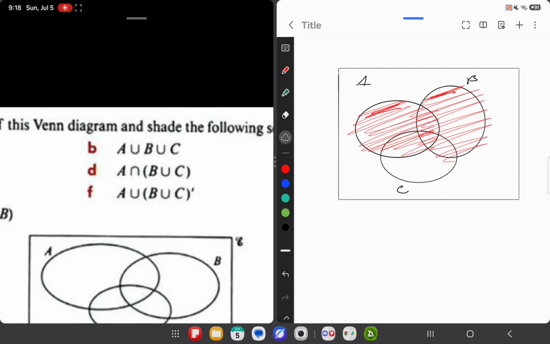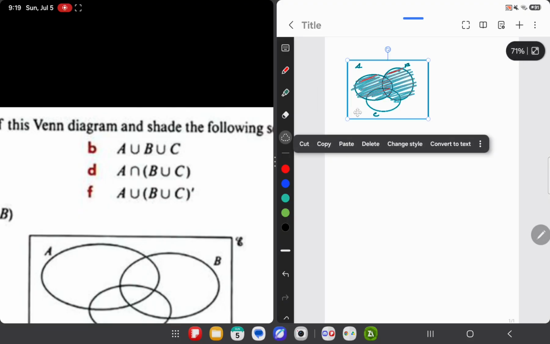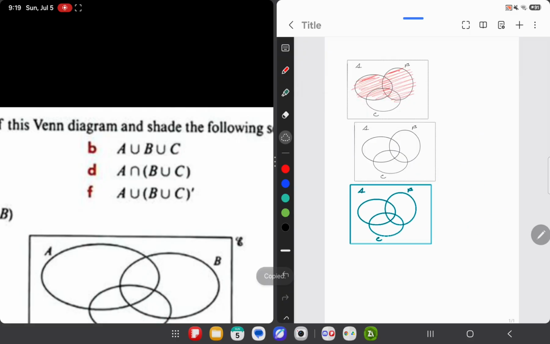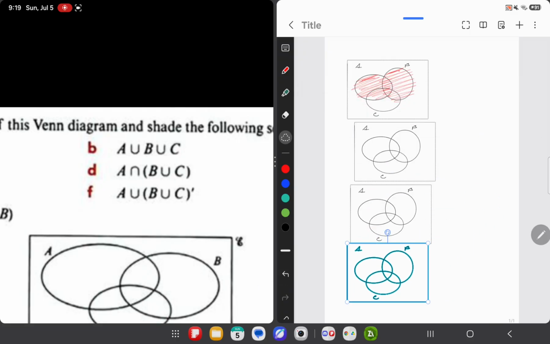Let's first do part B. So this is part A. Copy, paste. We want to make multiple of these, so I will paste 1, 2, 3, 4.